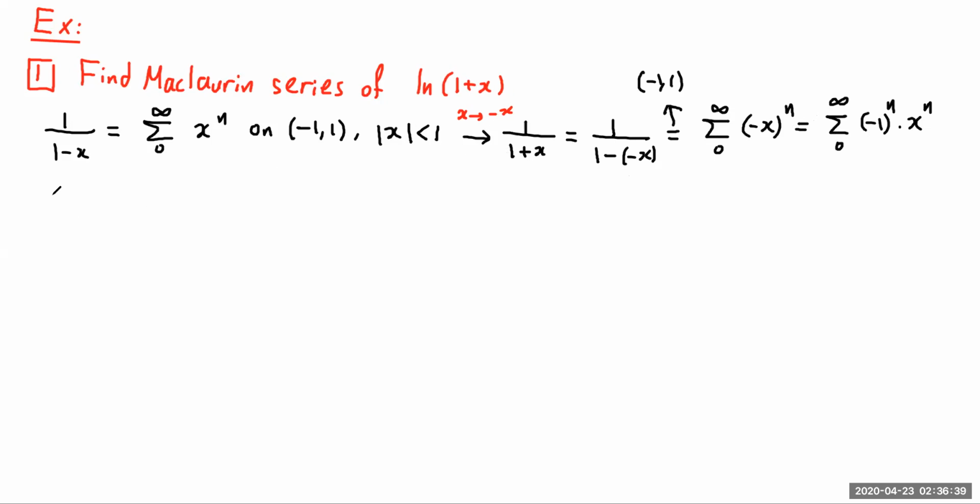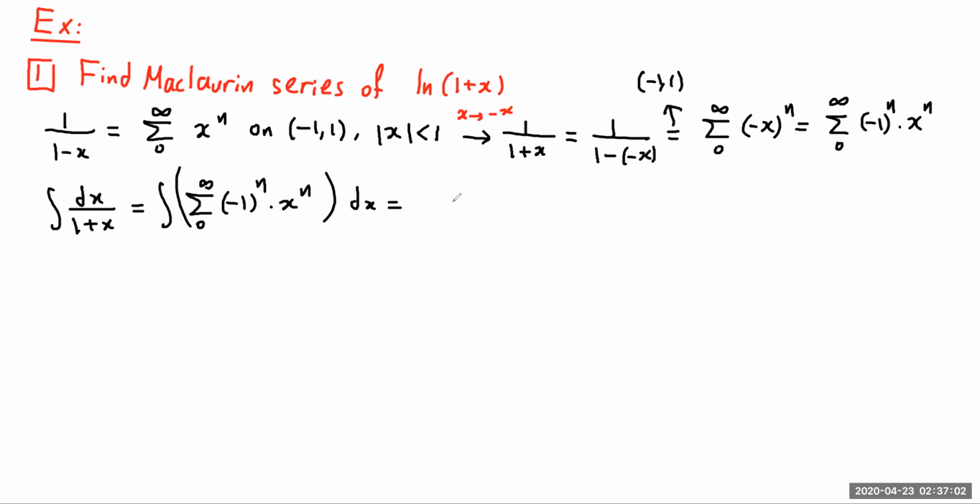So the integral of dx over 1 plus x equals the integral of each term here. So the integral of sigma (minus 1) power n times x power n from n equals 0 to infinity dx. This could be written as sigma (minus 1) power n from 0 to infinity times the integral of x power n dx.